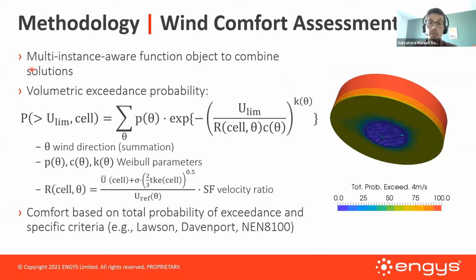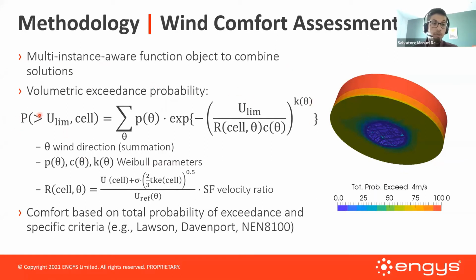Results for multiple wind directions are combined together to generate total probability of exceedance fields and comfort criteria by means of a multi-instance aware function object. The volumetric probability of exceedance is calculated according to this formula.